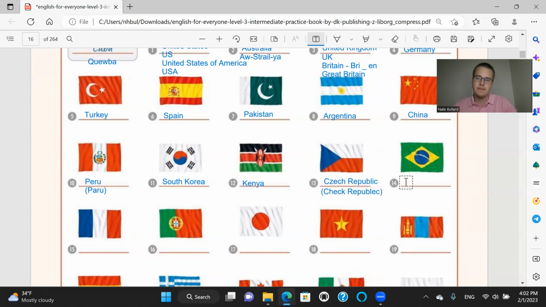This one, Brazil. Brazil, okay? En español, Brasil. In inglés, Brazil. Really, the difference is just with the letter R. La letra Z en inglés suena así, Brazil, en vez de Brasil. Y cuando la letra I en inglés suena diferente.